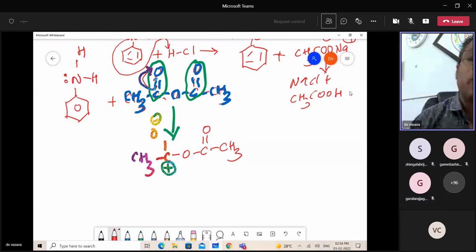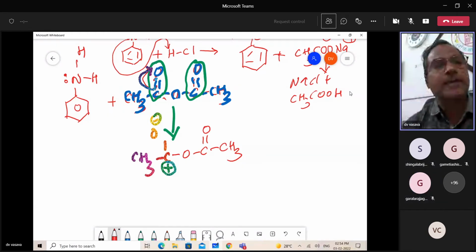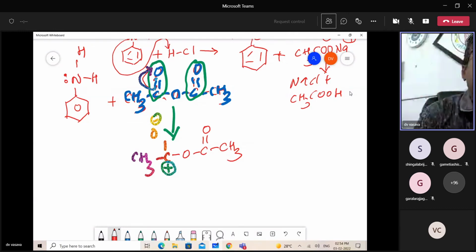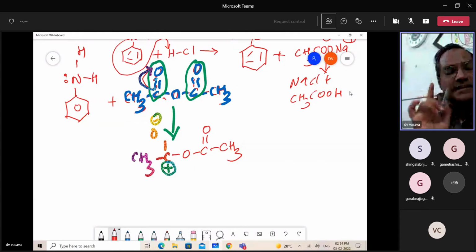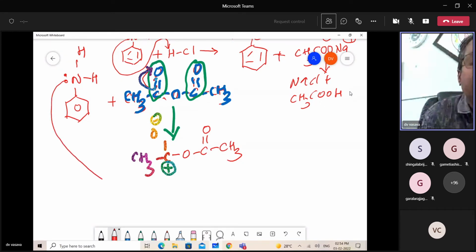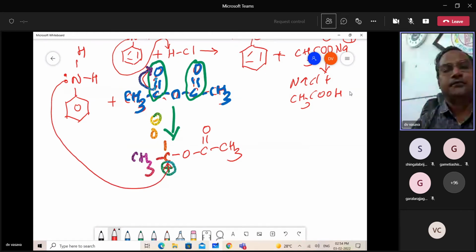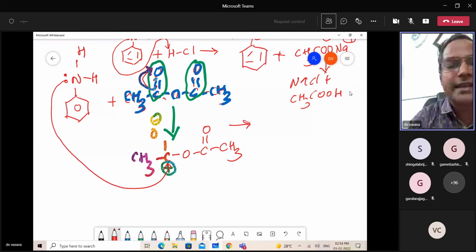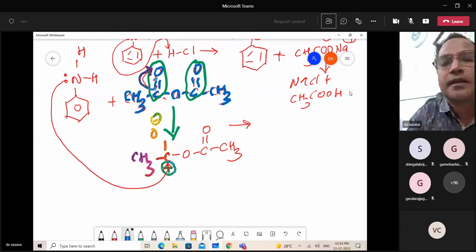So this carbocation is formed now. Here there is no carbanion, but nitrogen has one lone pair of electrons and has a tendency to share its electron with the electron-deficient carbon atom. So this nitrogen will share its electron with the deficient carbon atom. What do we get now?